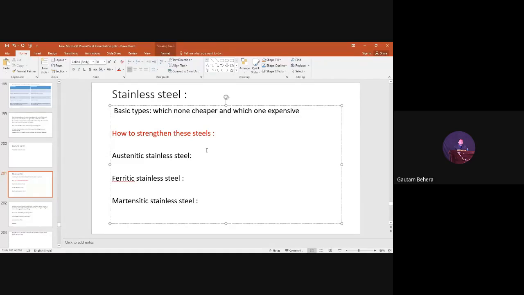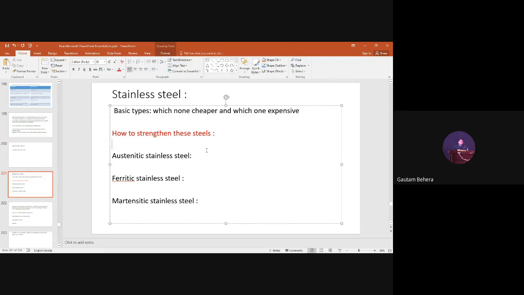And if you remember the previous lecture which we discussed, there are certain alloying elements which we call ferritic stabilizers, and another group is austenitic stabilizers, right? Those are specific alloying elements which stabilize the ferrite.